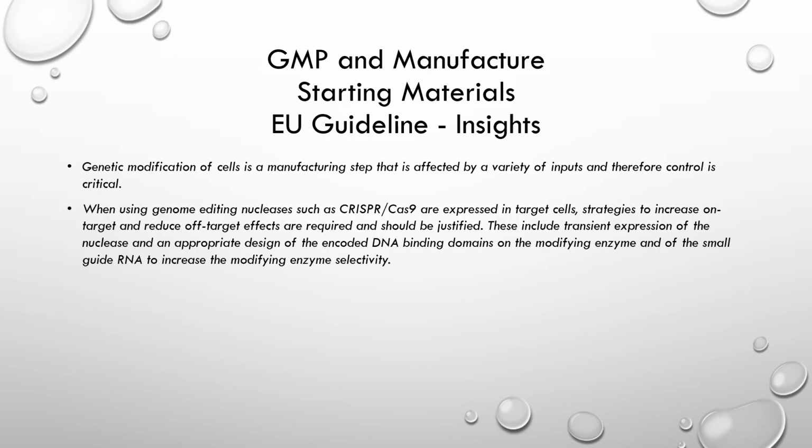So your guide RNA and your PAM, your protospacer adjacent motif on the enzyme that binds to the DNA, has to be specifically designed to ensure high selectivity for the location on the genome that you want to be modified or manipulated, to increase the likelihood and frequency of on-target editing, and to reduce off-target editing.